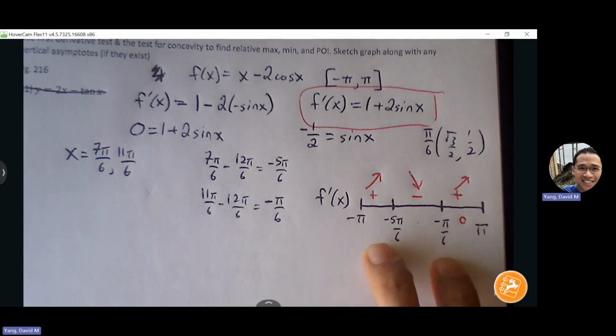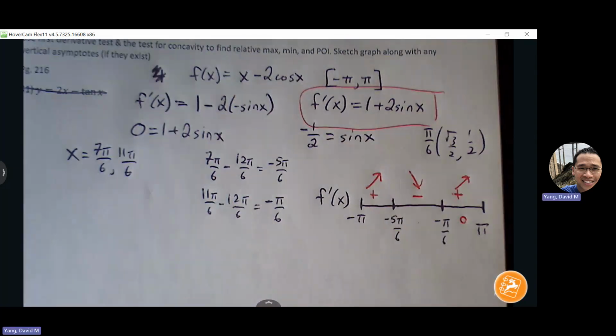If I want to find those ordered pairs, plug back into the original. Okay.